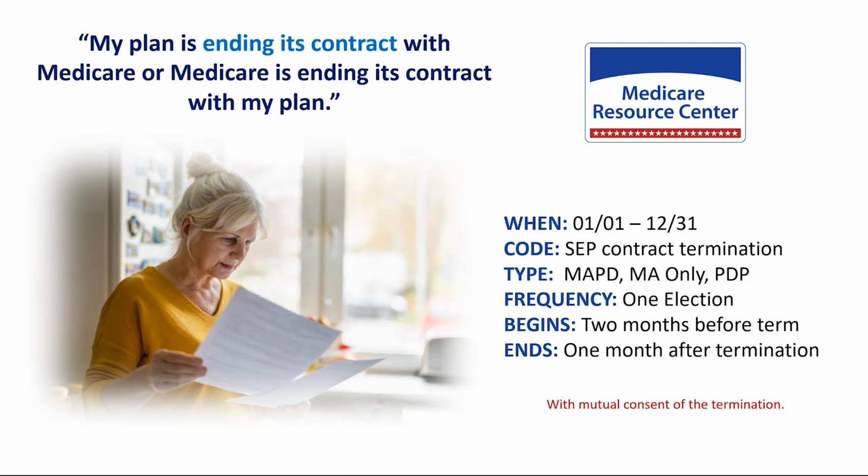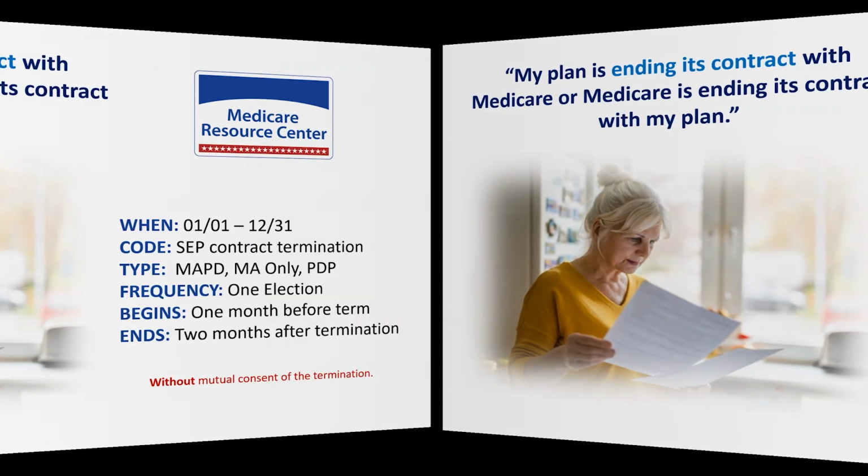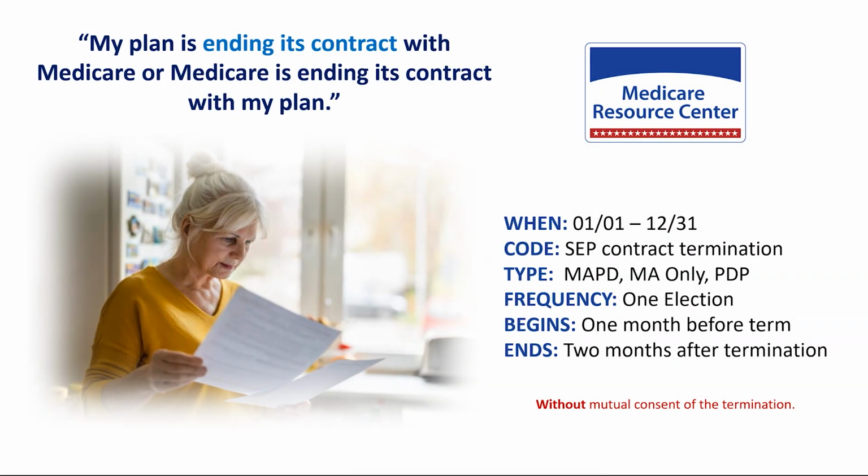So in some cases, the plan and Medicare mutually decide that they don't want each other and they're not going to offer that in a certain area. Okay, that would be with mutual consent, which in this scenario would be 2 months before the termination and 1 month after.